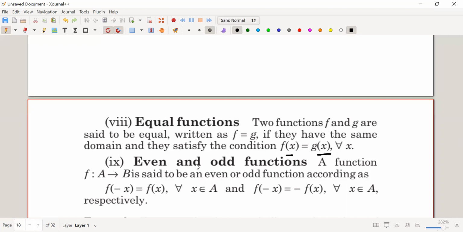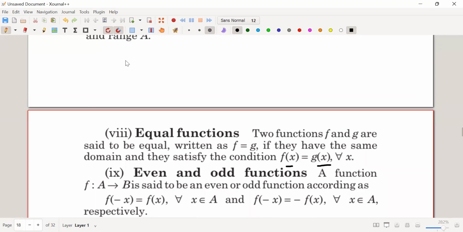Whatever it is, if both domains are the same, then it is equal functions. It's not dependent upon the range or what relation is happening there, what function it is getting into. But they are putting it as f of x equal to g of x.